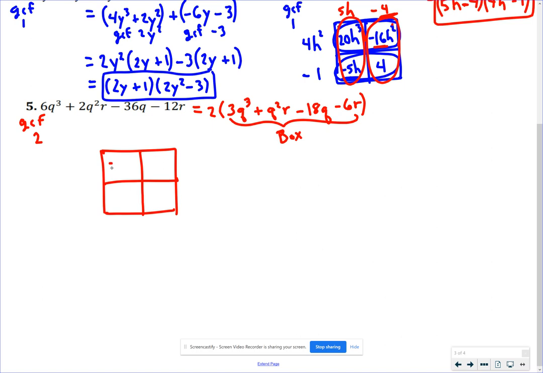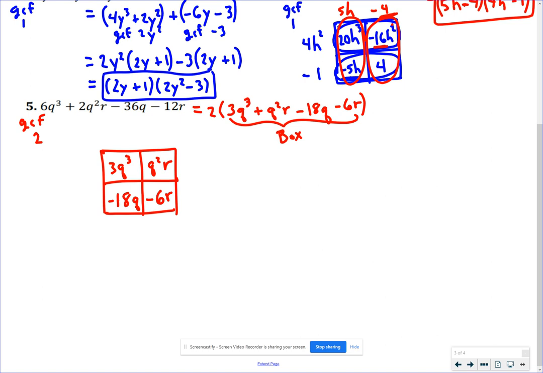So I'm going to do 3q to the third power. I'm going to do q squared r. I'm going to do negative 18q. Consistency is good. We remember the processes if we're consistent. And the last term, negative 6r, gets the last square.